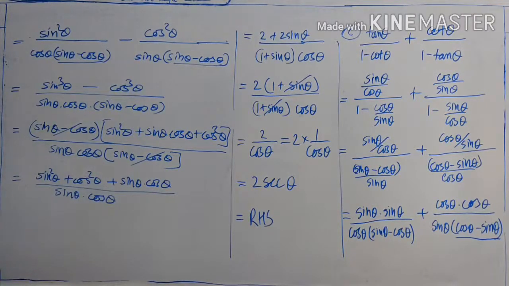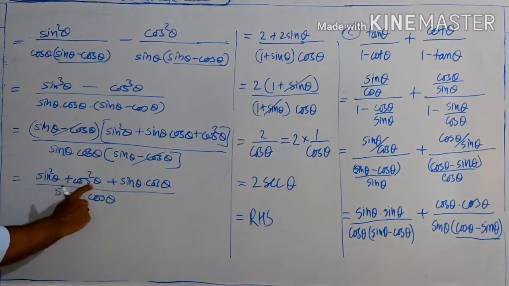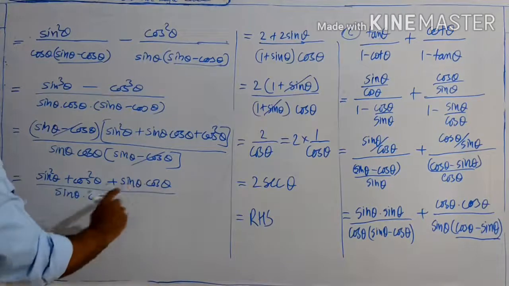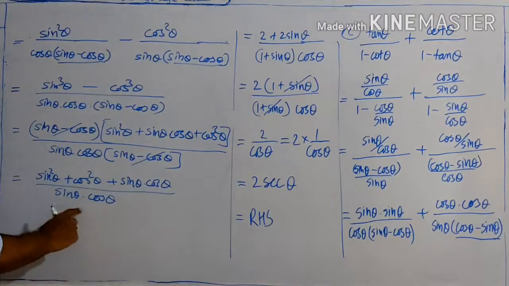Now our requirement is 1 minus sin square theta plus cos square theta plus sin theta into cos theta. The denominator is sin theta into cos theta.